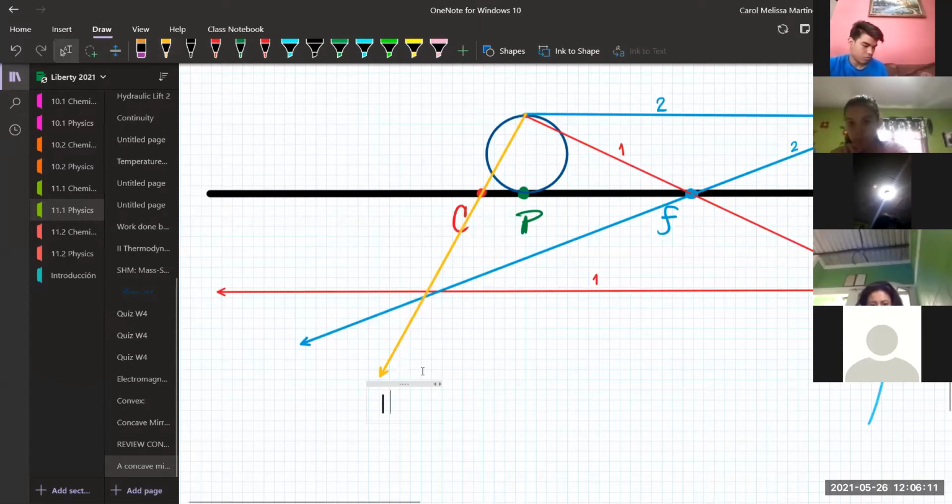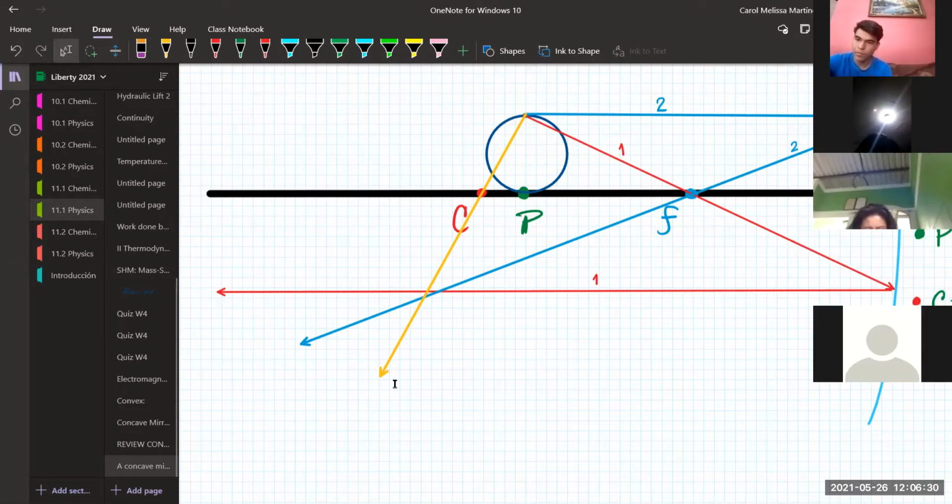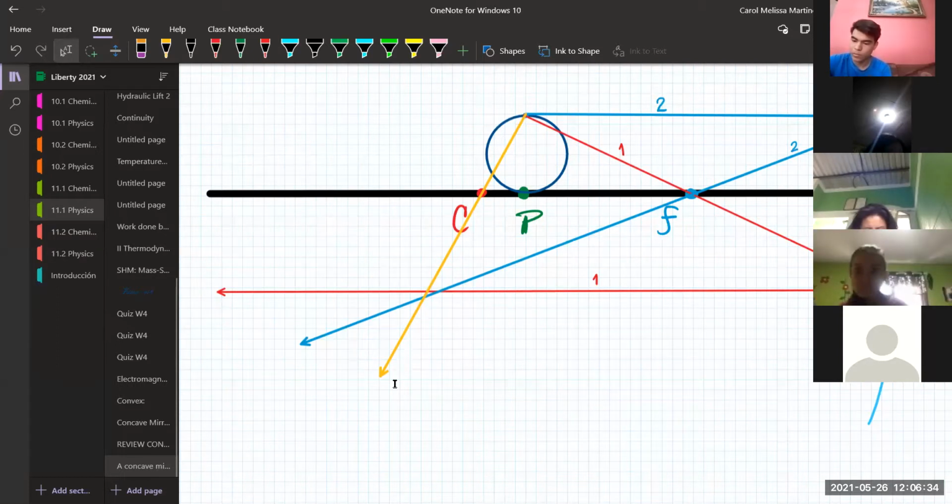More or less, more or less. Okay, so the point where the three lines intersect is approximately here, okay? That's the point where it happens.